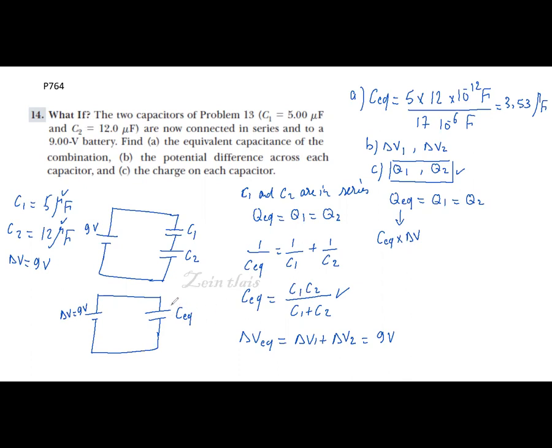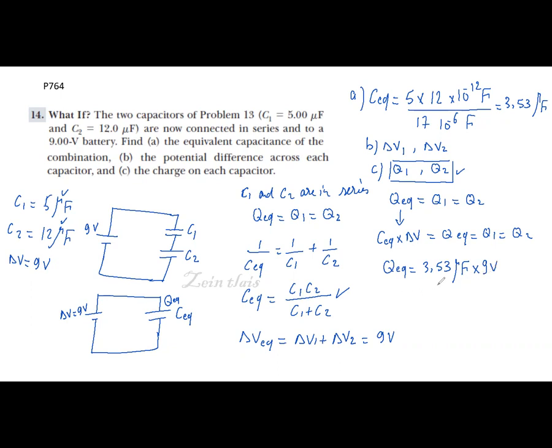So Q equivalent equals C equivalent times delta V, and this equals Q1 equals Q2. So Q equivalent equals 3.53 microfarad times delta V 9 volt.